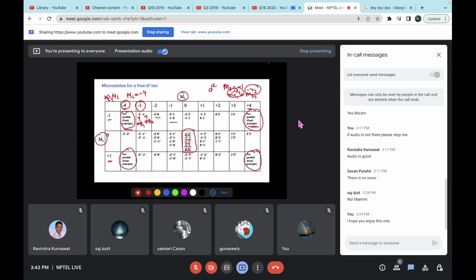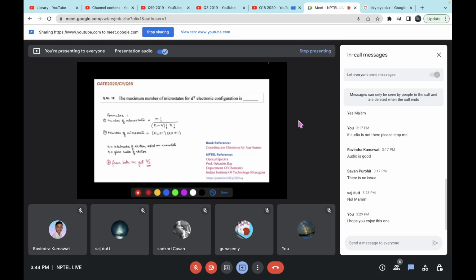Okay. So in total, in this table we arrive at the overall number of microstates of 45. So for d2 we get a total of 45 microstates. This goes with the formula for the number of microstates: n factorial over (n minus r) factorial times r factorial, where n is the total number of electrons the orbital can accommodate.